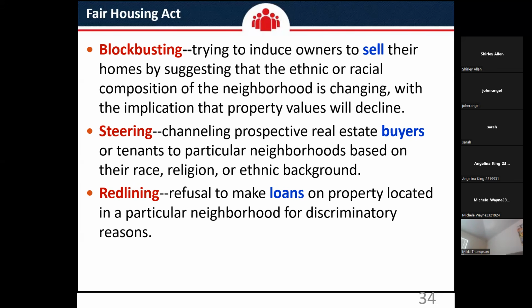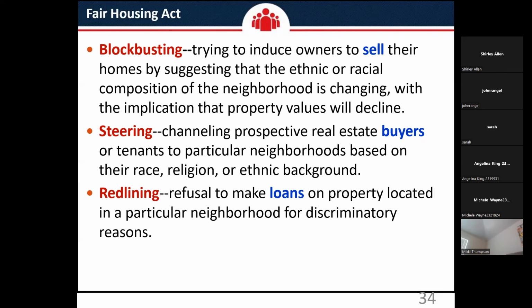Redlining basically dealt with what the lenders did. They were refusing to make loans on property located in particular neighborhoods for discriminatory reasons. Back in the day, you could actually go in the bank, and there would be a map behind the loan officers with a bunch of red lines drawn around certain streets and areas, and nobody kind of knew what it was about.